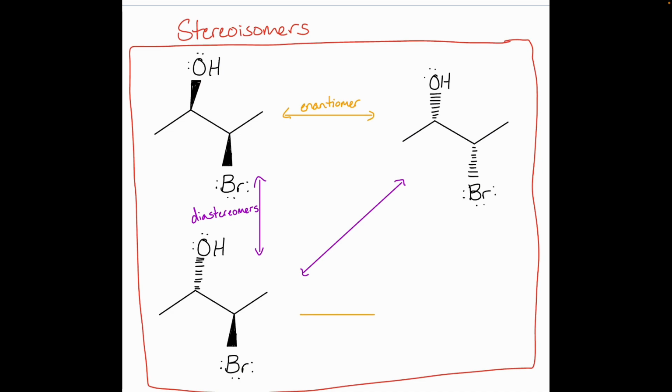But this molecule does have an enantiomer, so let's finish out our box here. We have one more stereoisomer we can draw of this compound, this 2-bromo-3-butanol here.